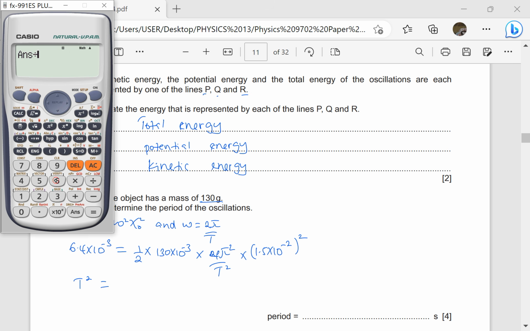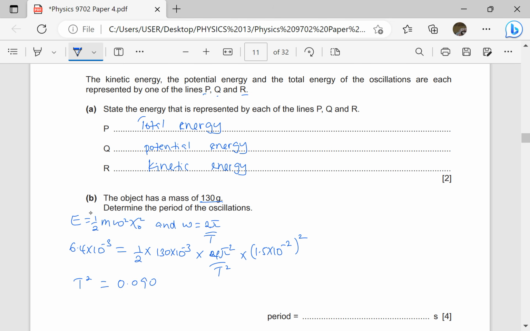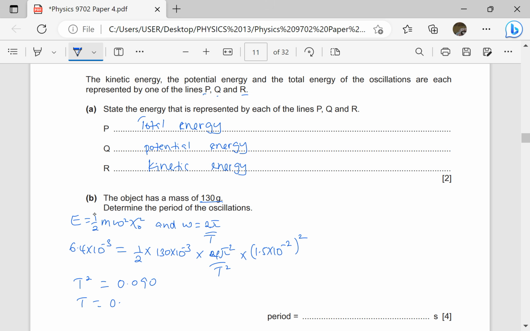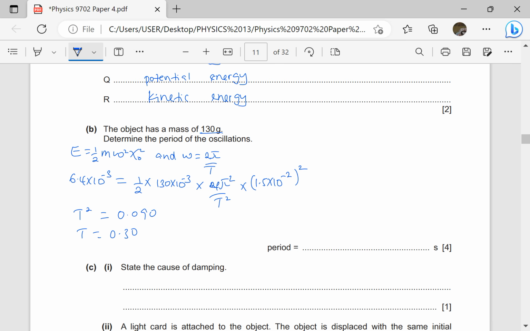So that is 0.090, but I have to find the square root. Then I will find the square root of the answer. That is 0.30. So T is 0.30. So my answer here is going to be 0.30.